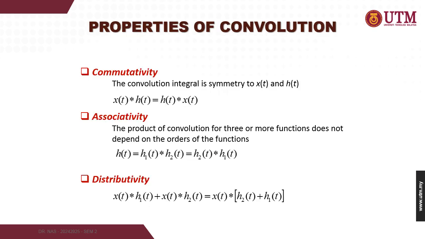This slide shows the properties of convolution. The first is commutativity: if you perform the convolution of x and h, it is equal to h convolved with x(t). The second property is associativity, and the third one is distributivity, and you will see what the block diagrams look like in the next slides.